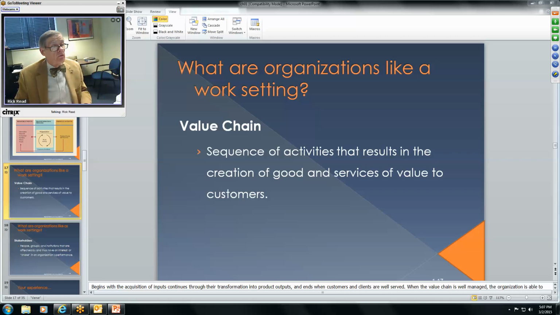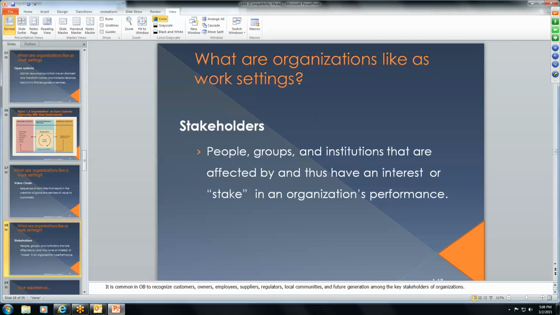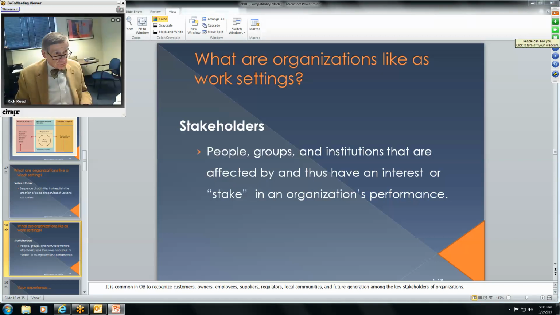It's the big issue for any organization, and that's stakeholders. Too often, we lump stakeholders and stockholders together, and they're two different animals. A stockholder may be a stakeholder, but not all stakeholders are stockholders. And here we're talking about every individual or group of individuals that has some interaction with your organization.